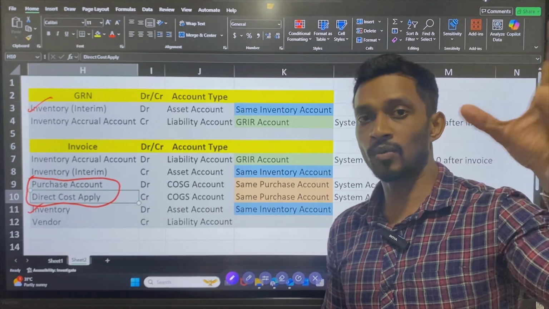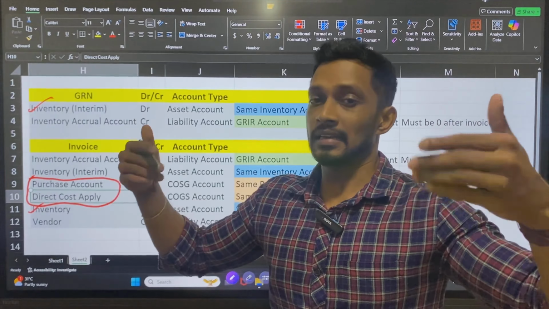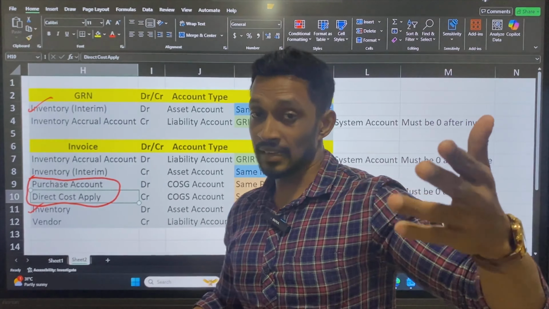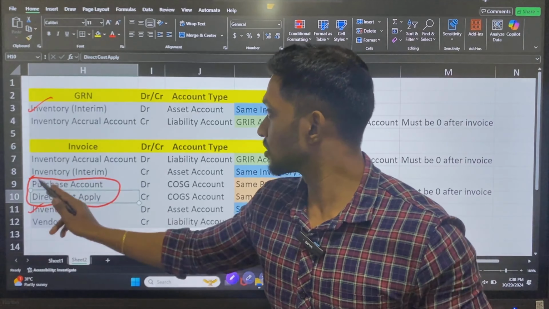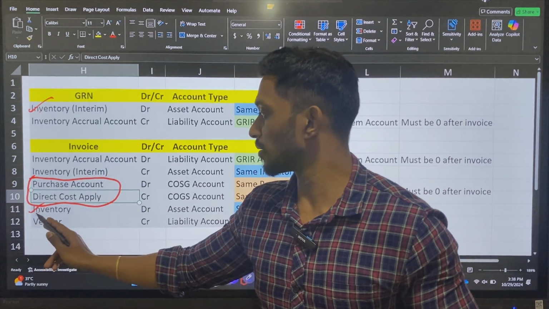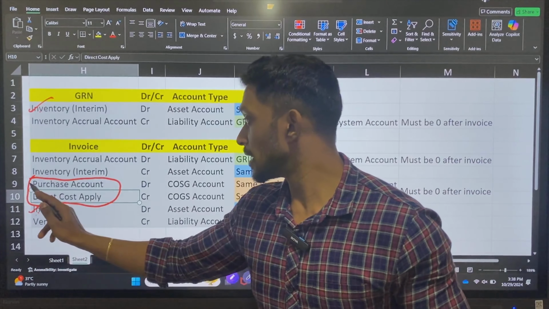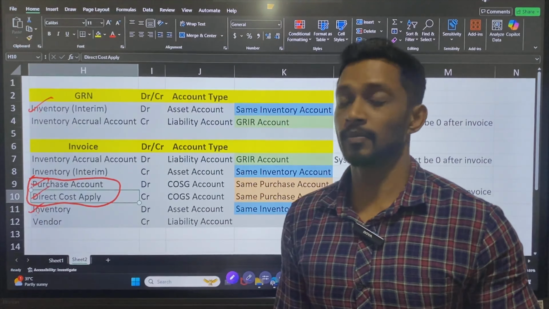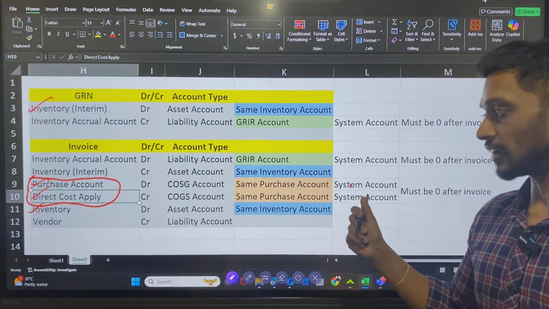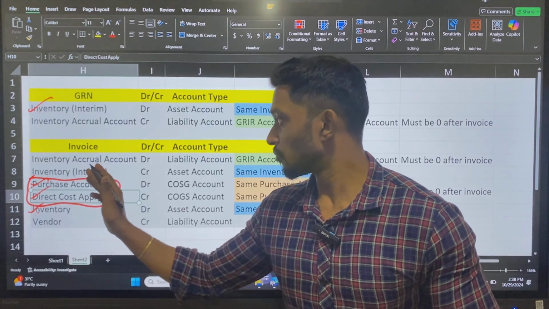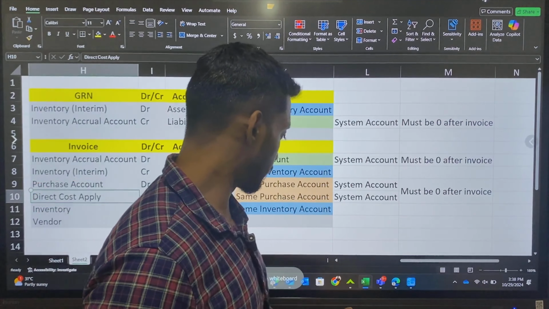If you want to identify them separately, you can maintain them separately, but in order to reduce GL accounts, we can use the same inventory account for the interim as the normal inventory account, as well as the purchase account and direct cost account, because these accounts get tallied at the end of the day. Right, let's go to the invoice and see how these entries happen.